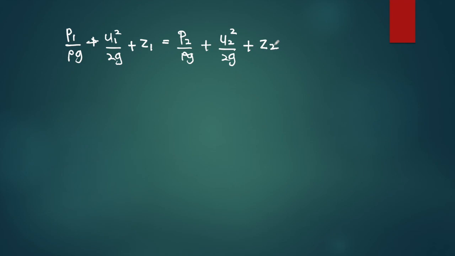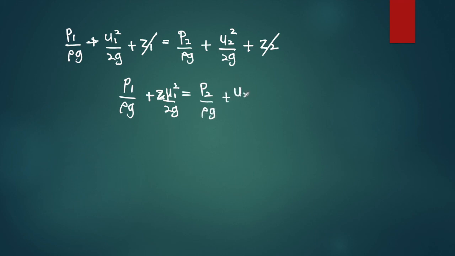Previously I already mentioned that Z1 and Z2 are the same, so we can cancel out these two terms, Z1 and Z2. So we are left with P1 over rho g plus U1 square over 2g equal to P2 over rho g plus U2 square over 2g.